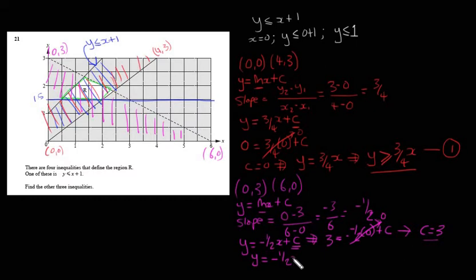I'm saying for the time being because we still have to take care of the shading. As said before, it is shading down to create this region R, which means all the y values less than. So here what we get is y less than minus half x plus 3. This becomes your second equation.